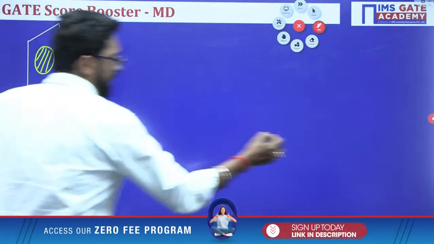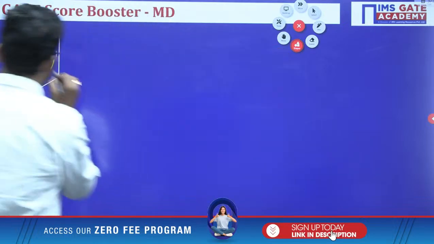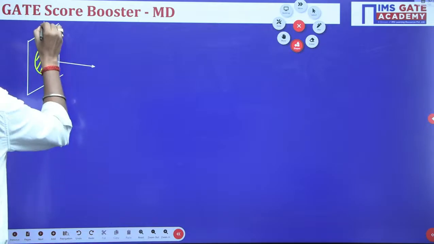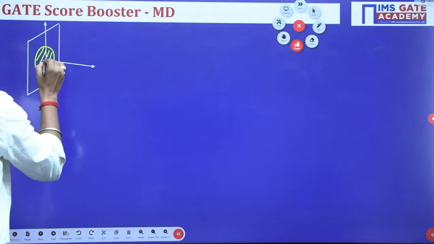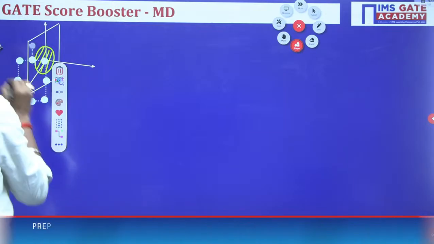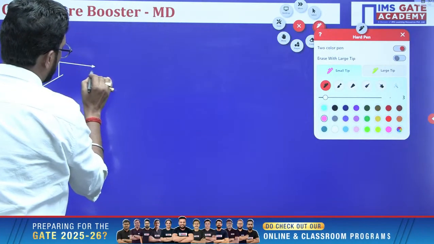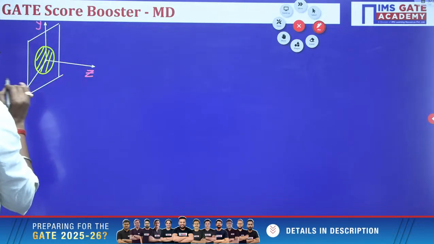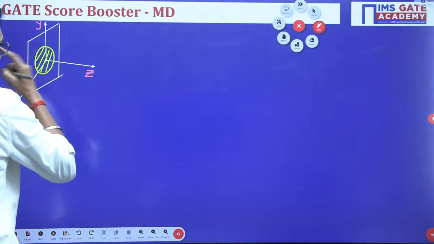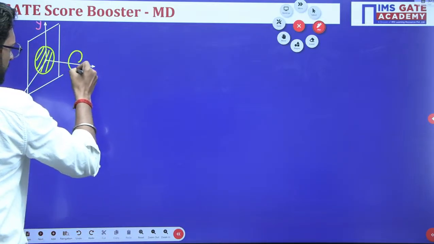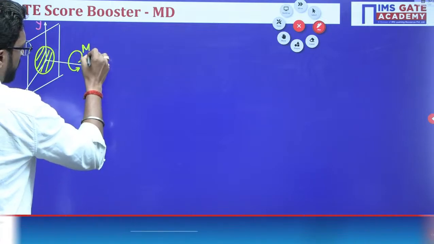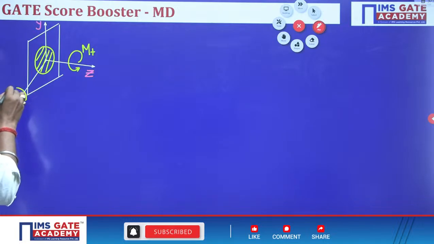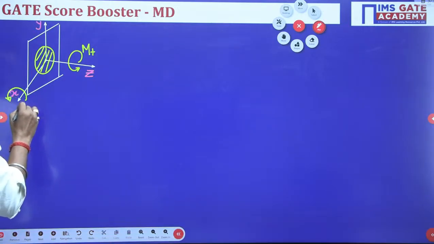So this is your z axis, y axis, x axis. Okay, in this direction torsional moment, in this direction bending moment.